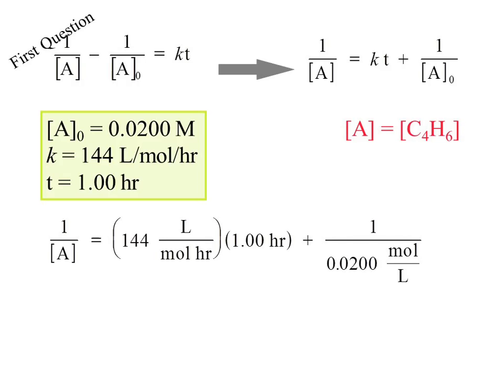Okay, so here again, if we look at how our units are working, units of hours cancel, and we're left with units of liters per mole. Notice that we have moles per liter in the denominator of the last term. If we bring that up, that does make it liters per mole. So if you give this 3 sig figs, you'll end up with 194 liters per mole.